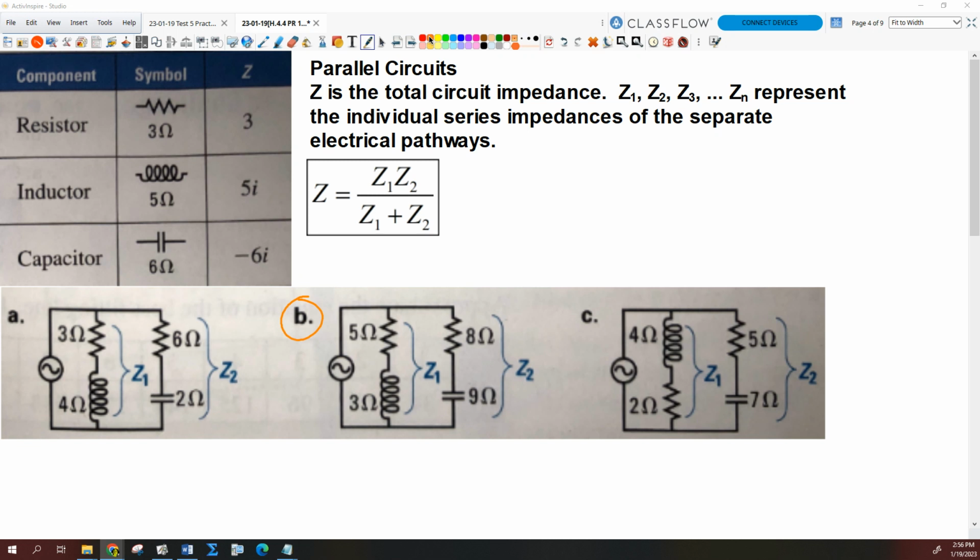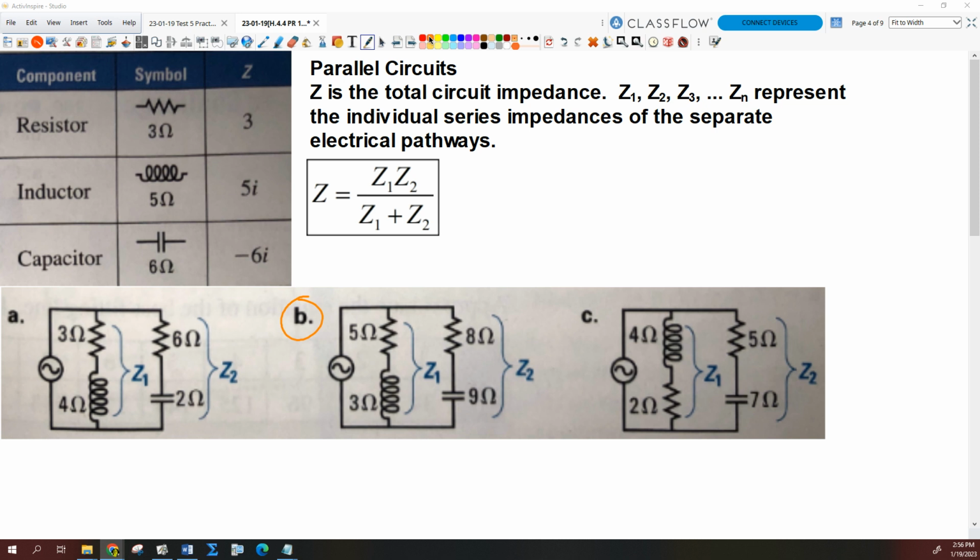The current could pass along branch 1 or it could pass along branch 2, right? Make sense? Yes, there is going to be a problem like this. So don't panic. All it ends up being is just a formula that involves some arithmetic with complex numbers.